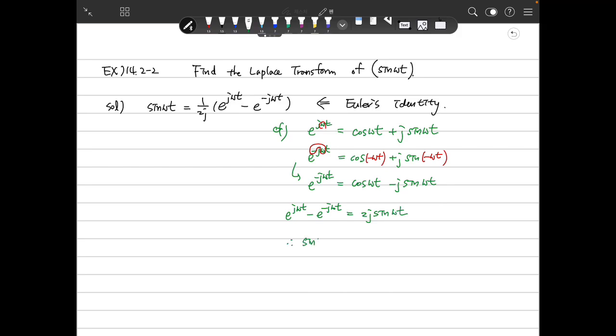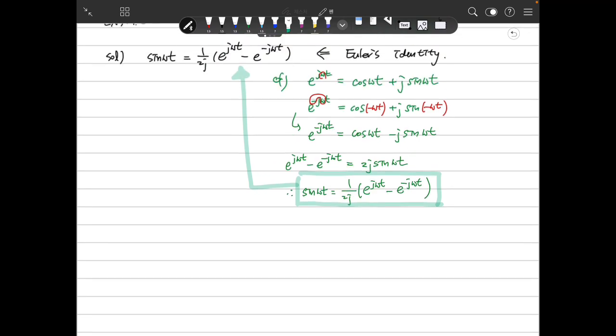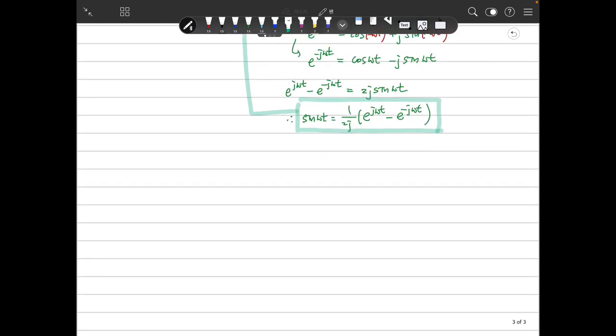Therefore, sine omega t is 1 over 2j times exponential j omega t minus exponential minus j omega t. Then we get the Laplace transform here.